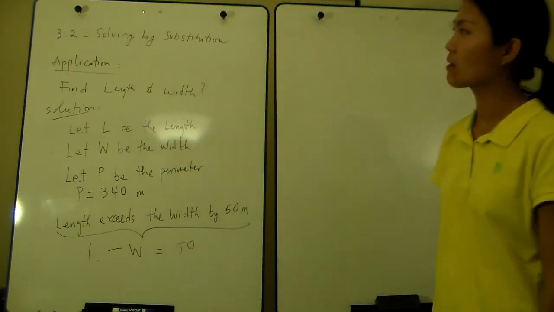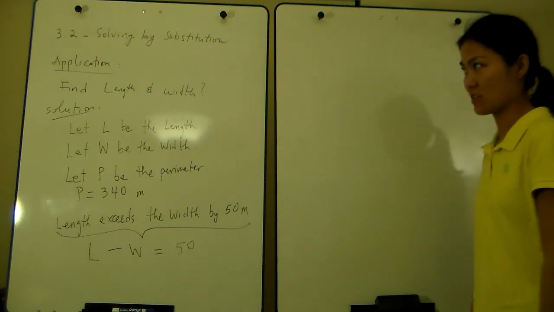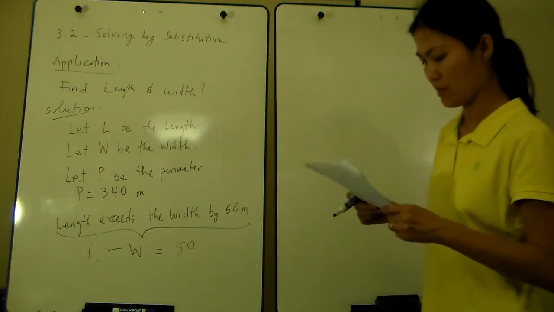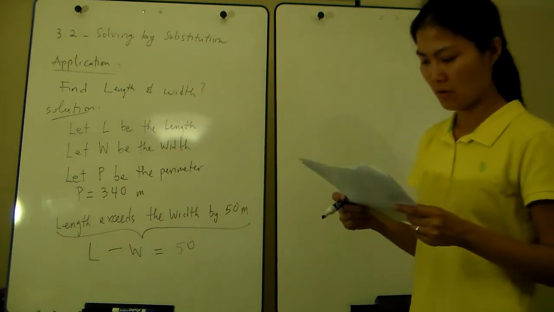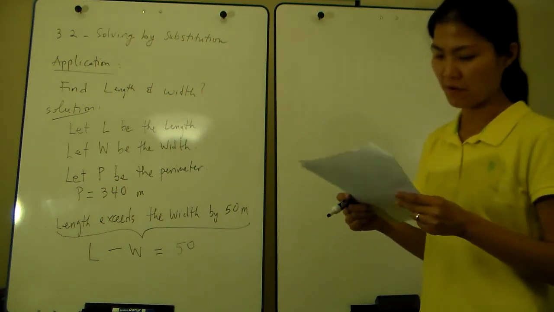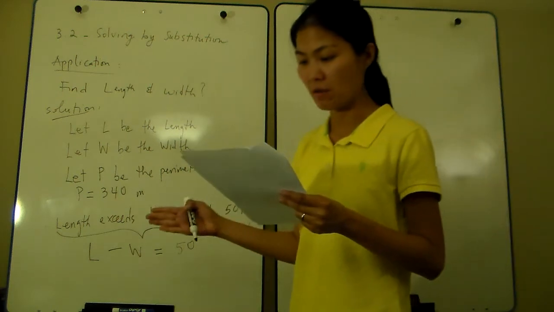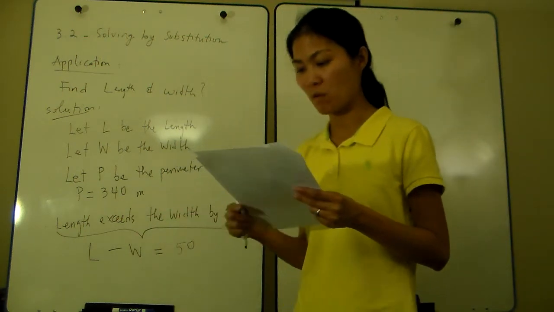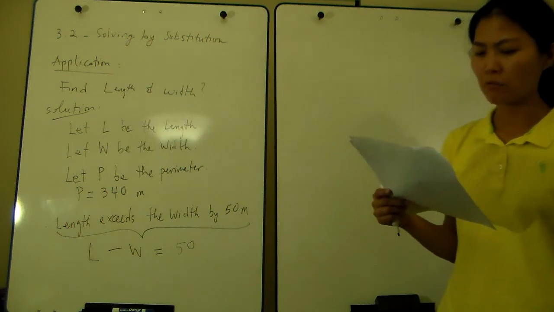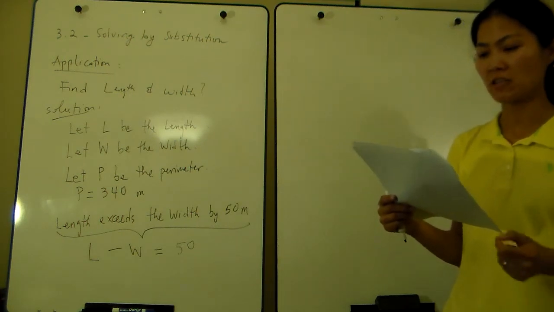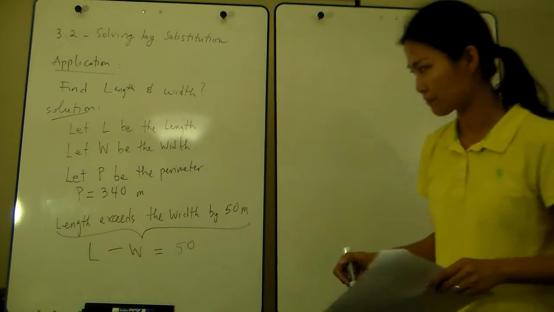So how do we find the second equation? Let's read the question again. The length exceeds the width by 50 meters, which we took care of. How about the statement, the perimeter of a soccer field is 340 meters?